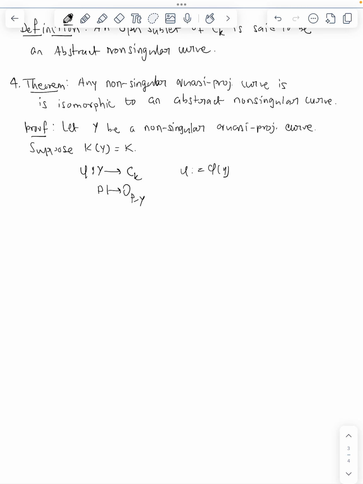Moreover, there are only two things to check. Number one, U inside CK is open, otherwise it won't be an abstract non-singular curve. And number two, phi is an isomorphism. We know phi is a homeomorphism, so for number two you have to check the regular functions: the pullbacks of regular functions are exactly the regular functions on the open sets of the domain. So number two is phi is an isomorphism onto U.